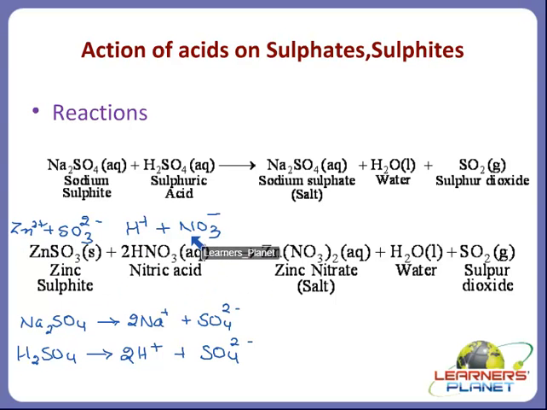So between which ions is the reaction taking place? Zinc is reacting with nitric acid, forming zinc nitrate, okay? From SO3, what is released is SO2, and this hydrogen is combining with oxygen of SO3 and forming what? Water, right? The reaction is just like the reaction with carbonates. In carbonates, what was the gas released?